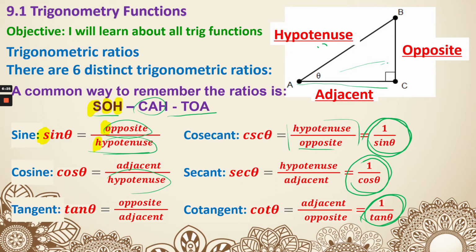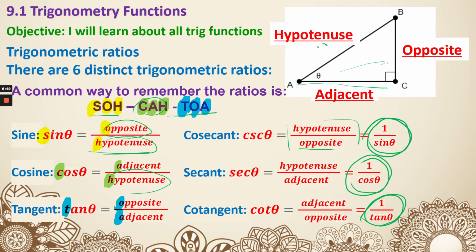And then, of course, we have CAH, where C represents cosine, and that is adjacent over hypotenuse. Lastly, we have TOA, so T is tangent, and then O is opposite, A is adjacent.